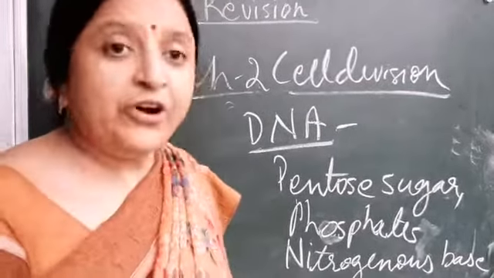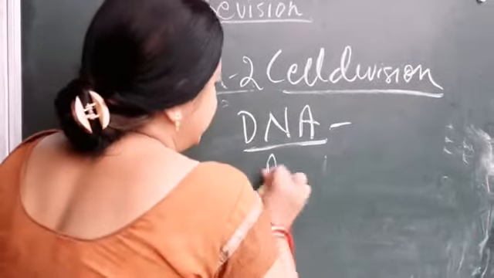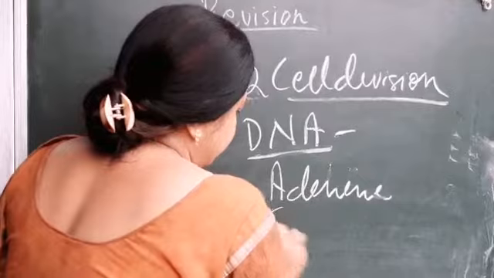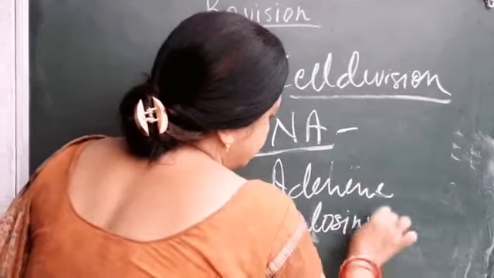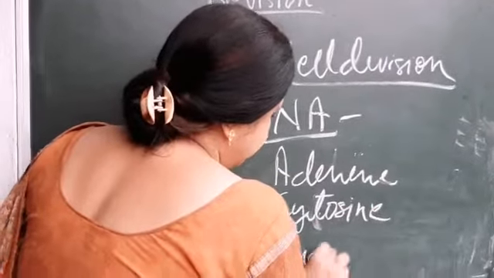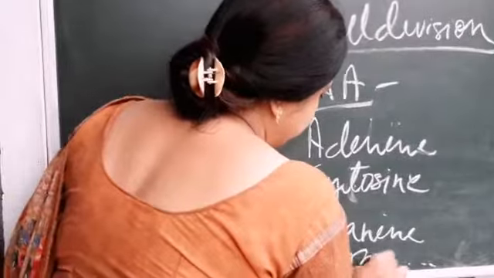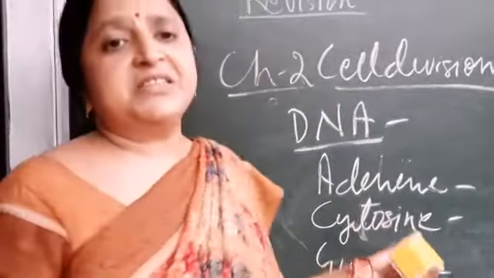Now there are 4 types of nitrogenous bases: adenine, cytosine, guanine, and thymine. These are the 4 nitrogenous bases present in DNA.